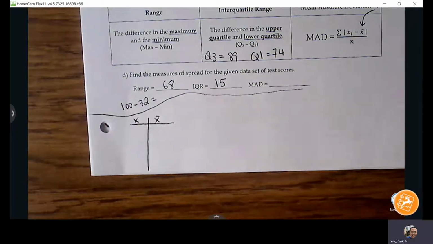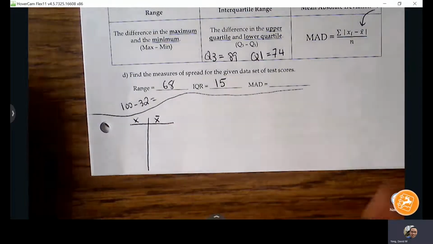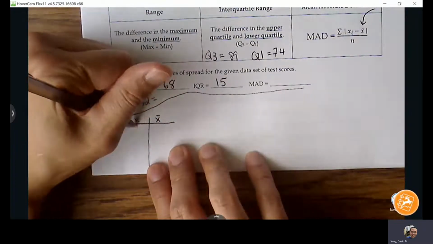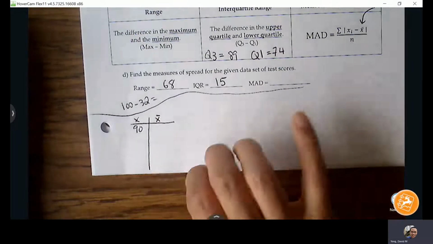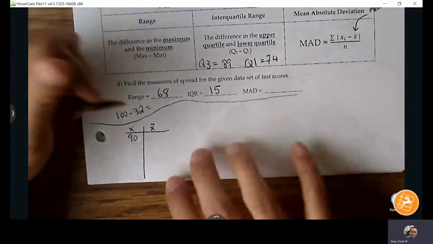So I'll go down the list here. It doesn't have to be in order, so I'll just take the first number that I see, which is 90. My mean is 79.47.